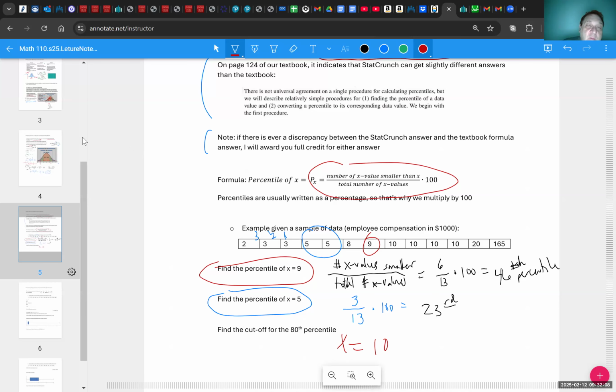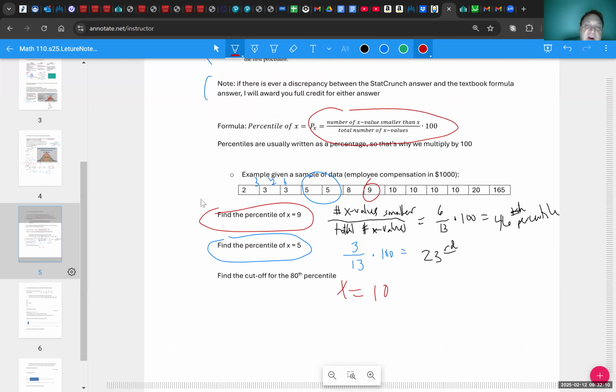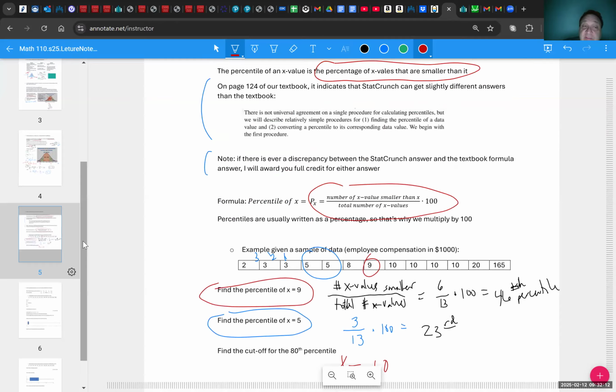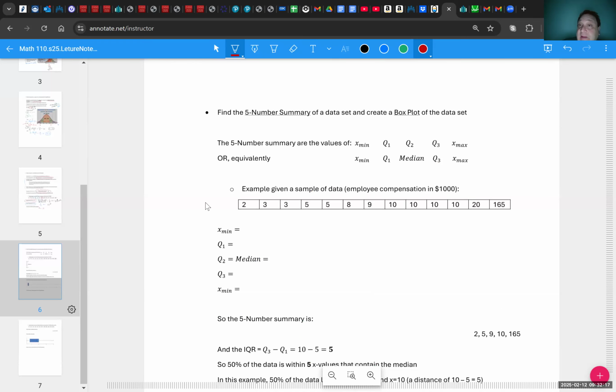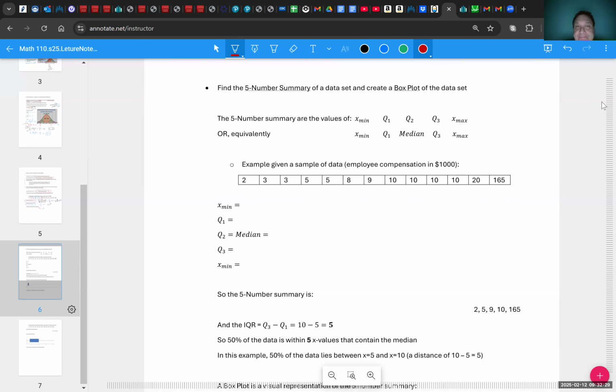Okie dokie. We are in the home stretch of our learning objectives for chapter 3. All right, we're at the last learning objective, which is the 5-number summary, and a box plot, which is a visual graph of the 5-number summary. And this is also where we're talking about Q1 and Q3, by the way.